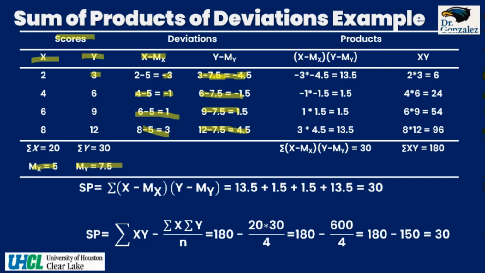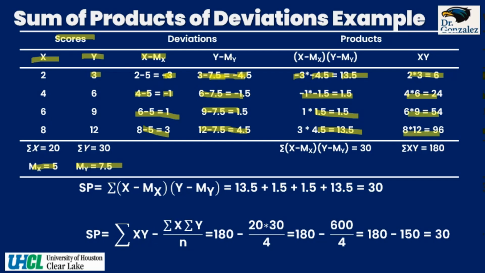I'm going to take that negative 3 from here and multiply it times that negative 4.5, and when you multiply two negatives, what happens? They turn positive. So negative 3 times negative 4.5 gives me 13.5. And I'm going to repeat that all the way down.